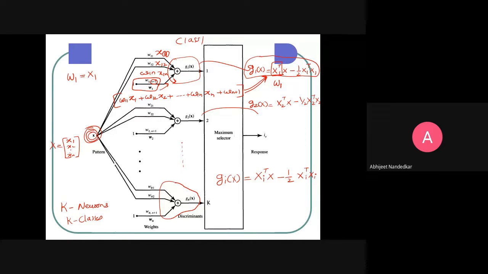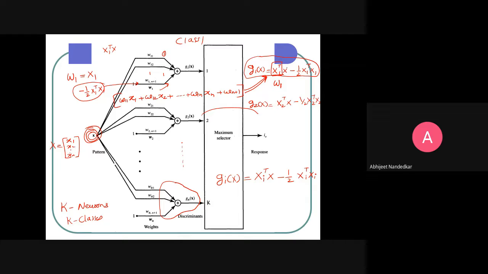And this will be w1,n+1. So the last terminal here should implement minus half x1 transpose x1. This is the number which will be a thresholding number here. So when you multiply, you will get x1 transpose x.